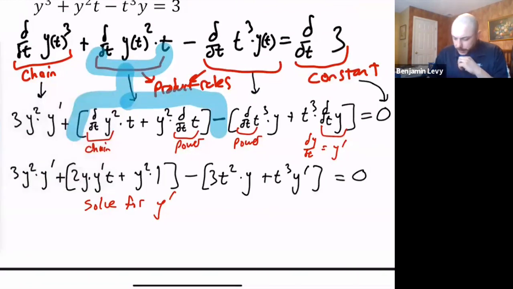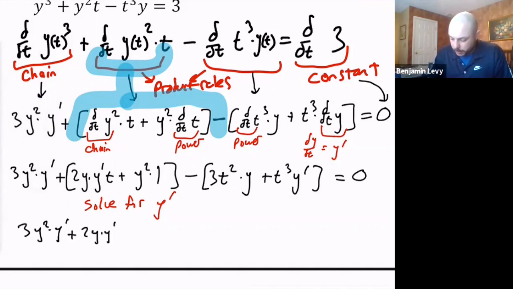So I'm going to just do this in two steps. I'm going to get everything without a y prime and add it to the other side. And I'm going to keep everything with a y prime on the left. Right, so 3y squared y prime is going to stay because it's got a y prime. 2y y prime t is going to stay because it's got a y prime.